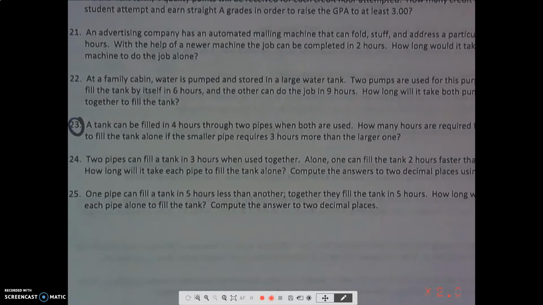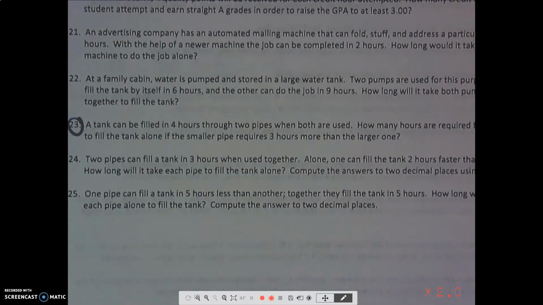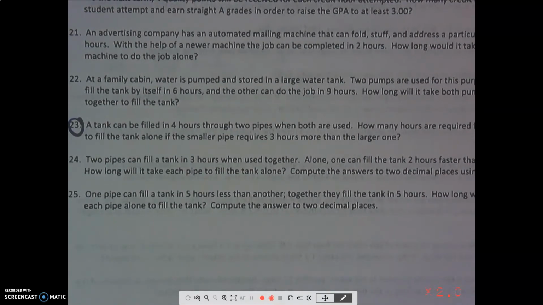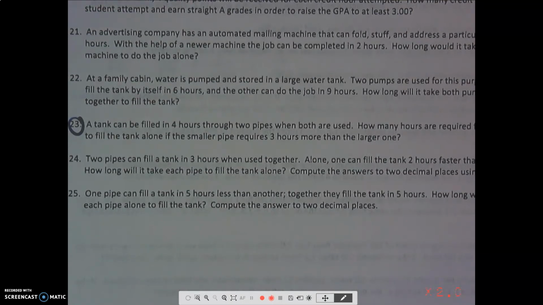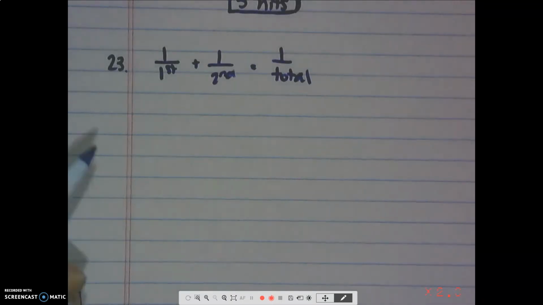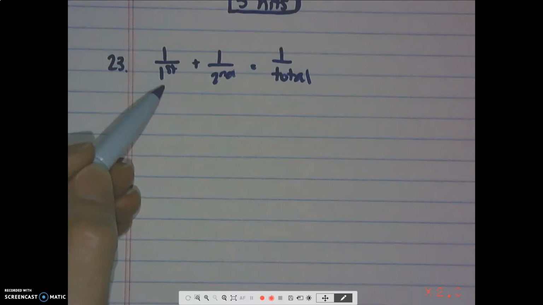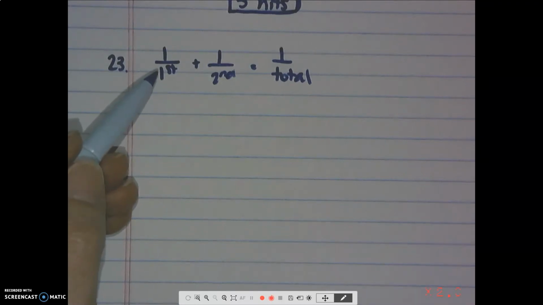How many hours are required for each pipe to fill the tank alone if the smaller pipe requires 3 hours more than the larger one? So we're comparing each of the pipe's works, or 2 of the things, whatever they are, to 1 hour. That's why it's 1 out of the first. If the first can do it in 3 hours, then they can do 1/3 of the work in 1 hour.